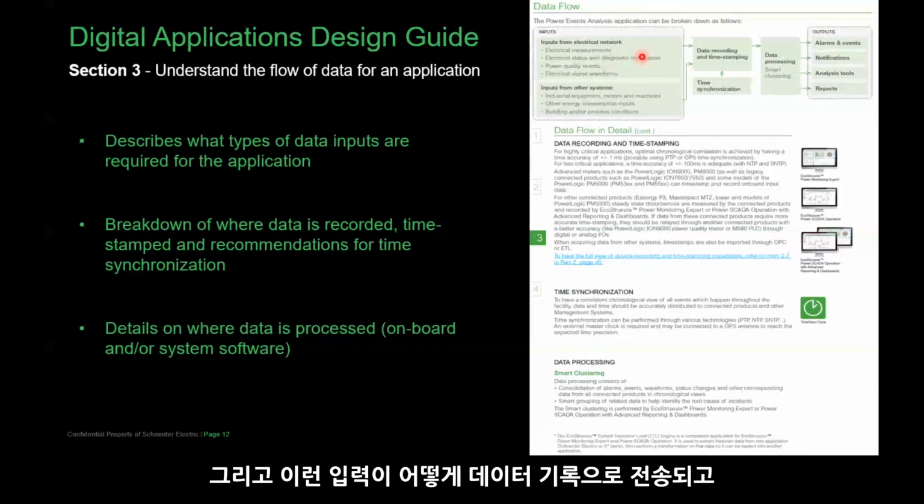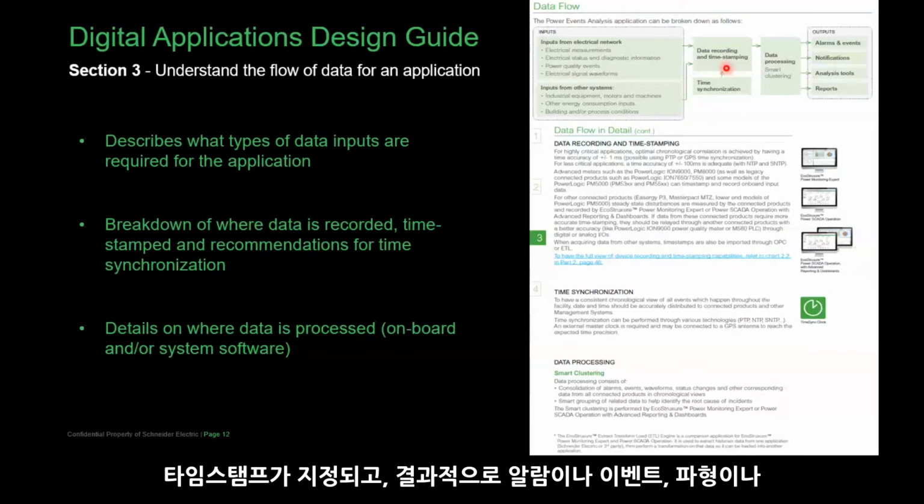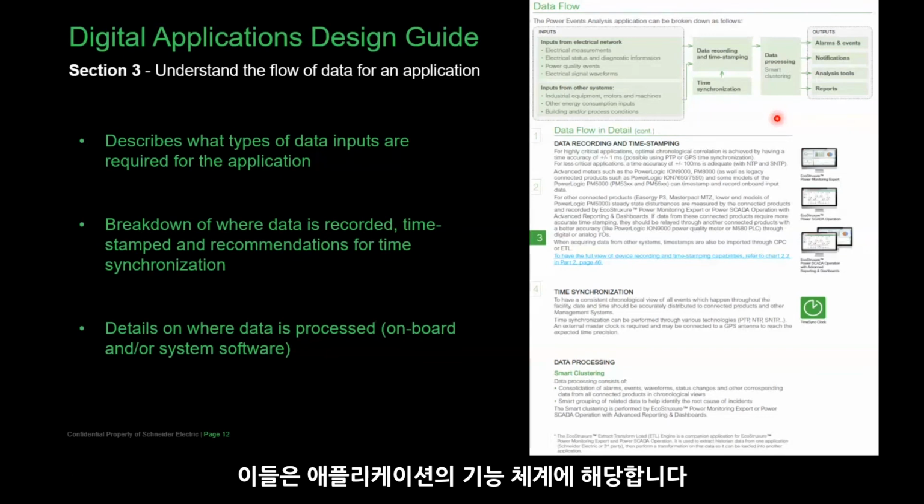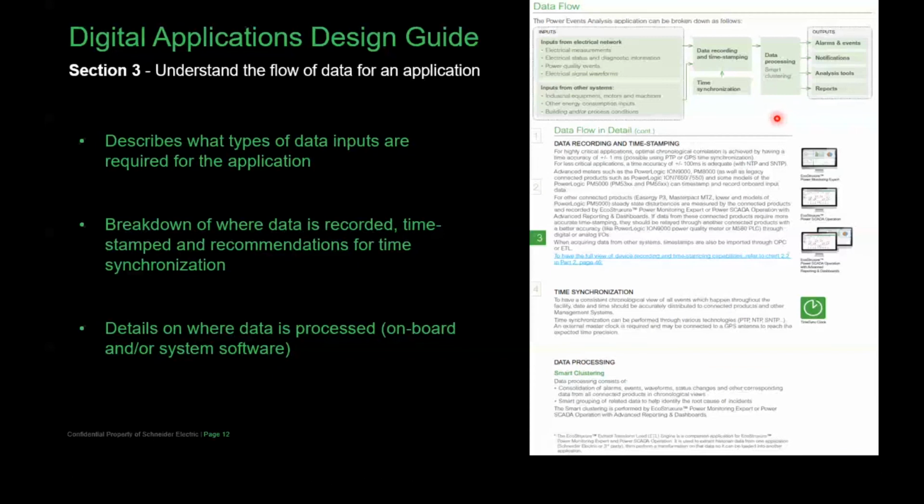And how is it going to transfer to your data recording and timestamping? Then eventually the output will show you a table of alarms or events or waveforms, or some analytic tools or reports. So these are part of the functional schemes of the applications, okay?